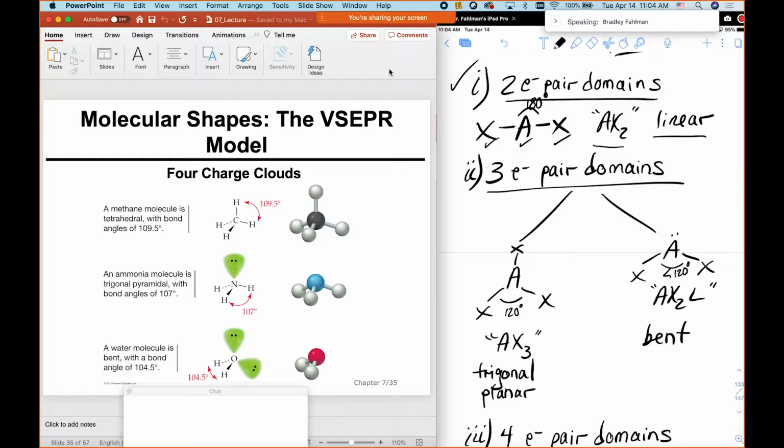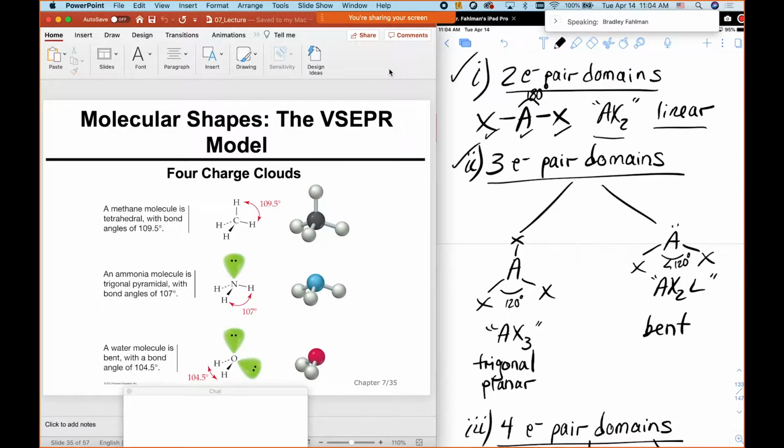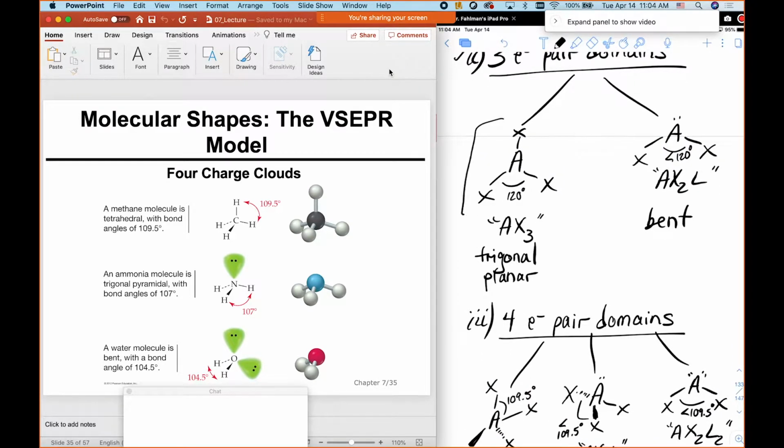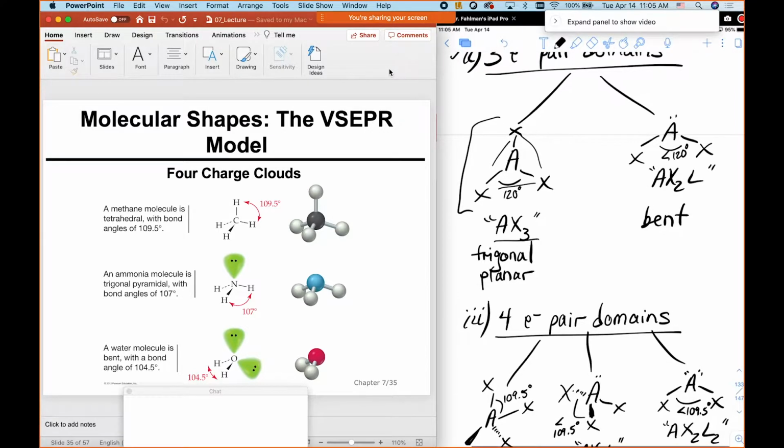And then we looked at three electron pair domains. There were two varieties of those. The one where you can have three things bonded to a central atom, or AX3, is trigonal planar. So it's all on the plane of this paper, and the angles are 120 degrees. Then you can replace one of the x's with a lone pair, and I called that AX2L, and the geometry is bent.